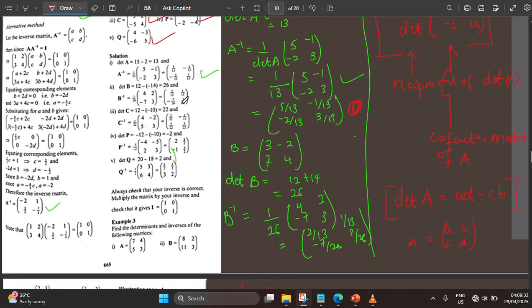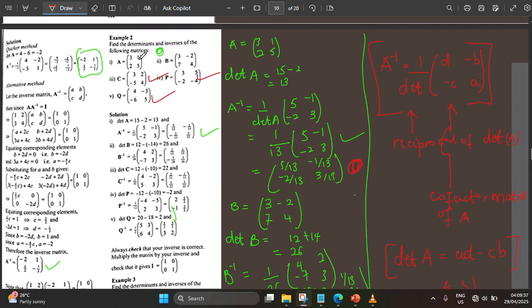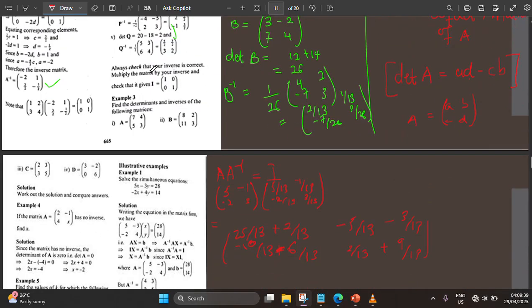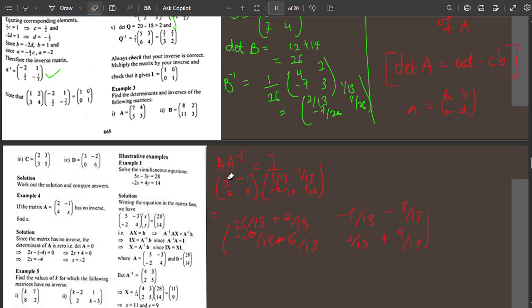Our A was wrong. Like we took the cofactor instead of A. The A is 3125. So let's change that here. So our A was wrong.